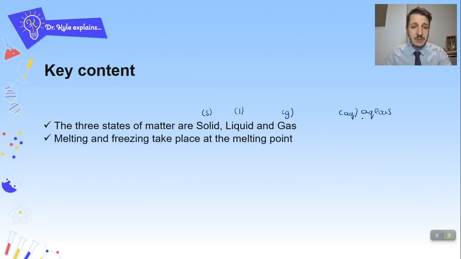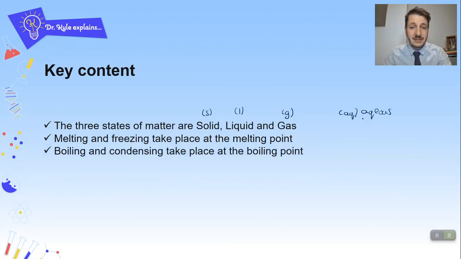Okay, so melting and freezing take place at the melting point, and boiling and condensing can take place at the boiling point. Now, this is sometimes a section that pupils find quite difficult to understand, and just to try and highlight it quickly, it essentially means that water, for example, at 0 degrees will turn into ice.